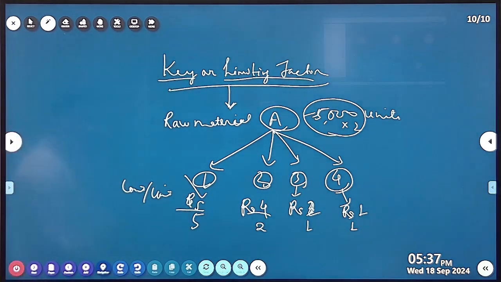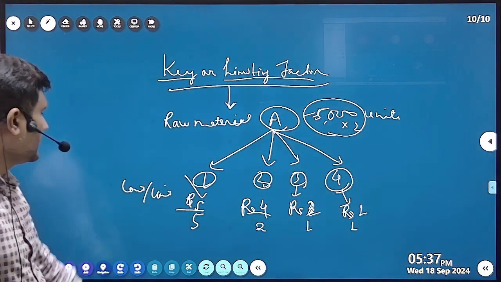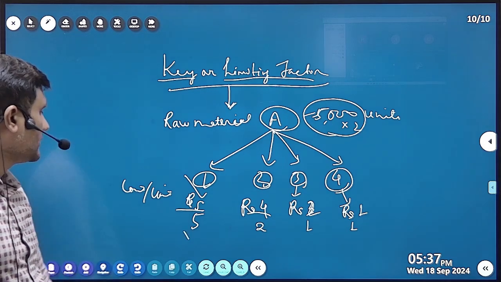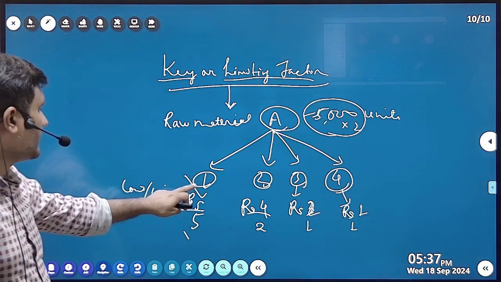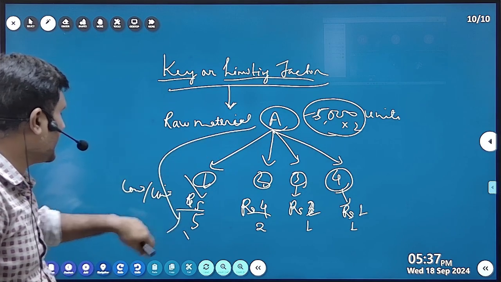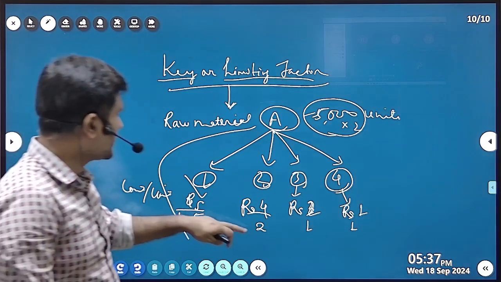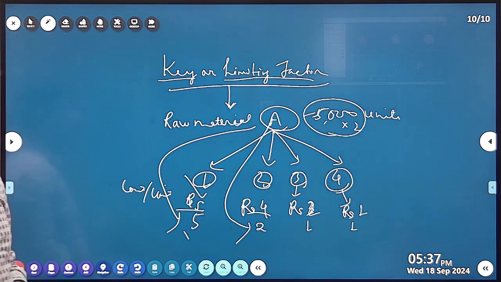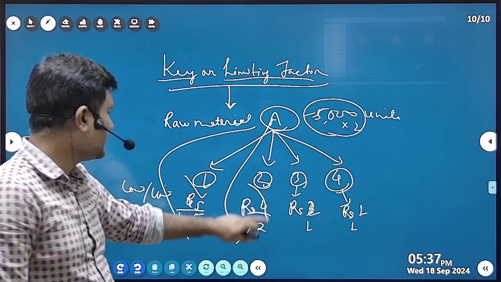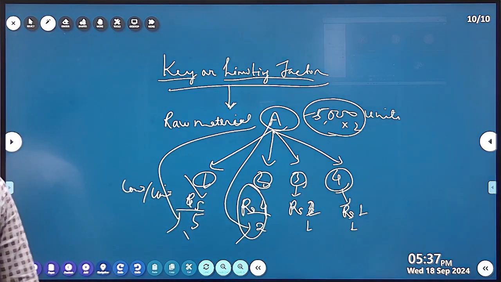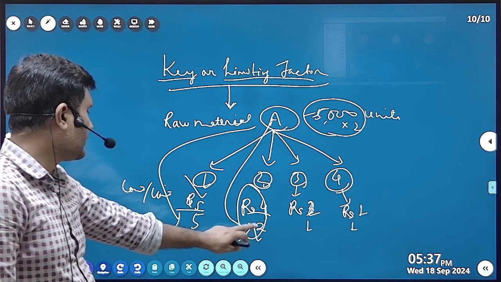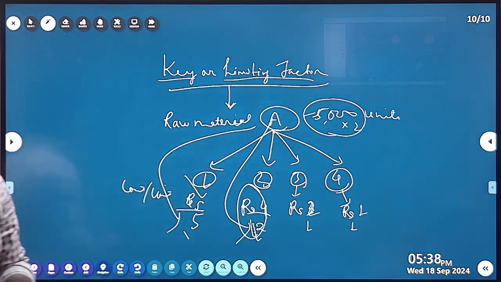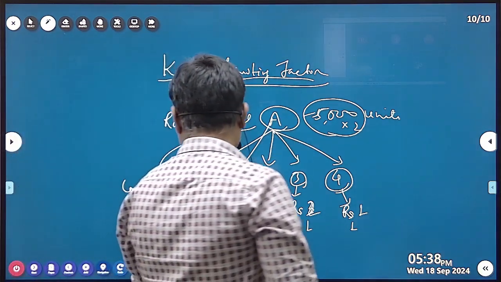To manufacture 1, you require 5 units of A, but to manufacture 2, you require only 2 units of A. So which will you try to manufacture more? I think this one, because it gives you more contribution per limiting factor.